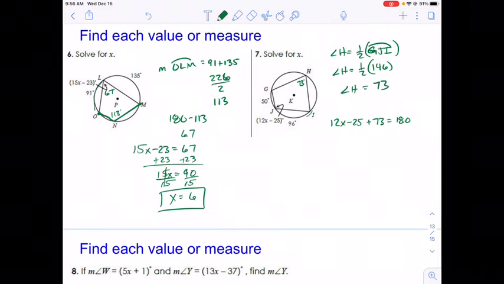So we're going to add these together: 12x, negative 25, and 73. 73 minus 25 gives us 48. Subtract 48. 12x is equal to 180 minus 48, which will be 132. And then we divide by 12. That gives us that x is equal to 11.